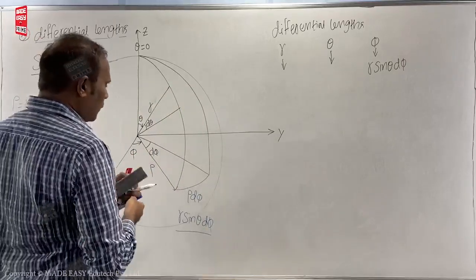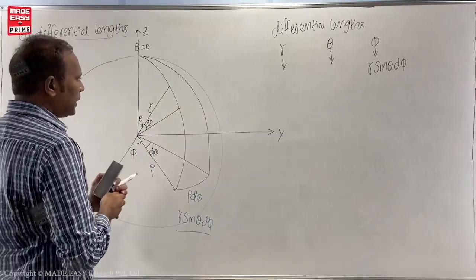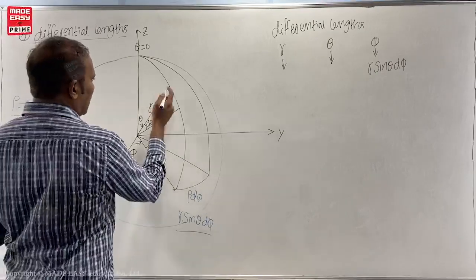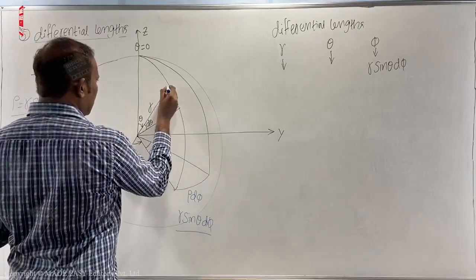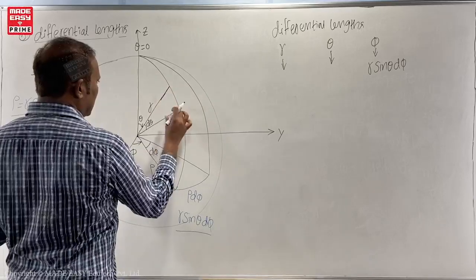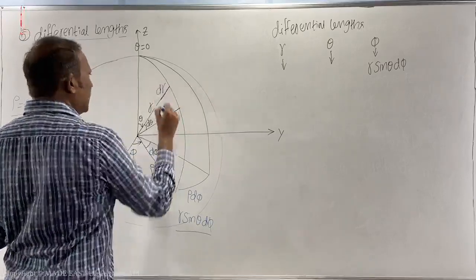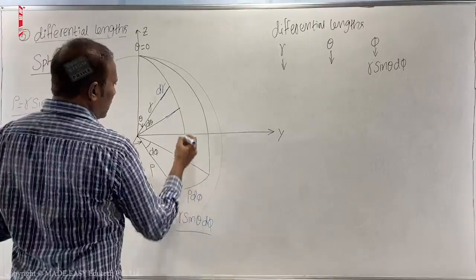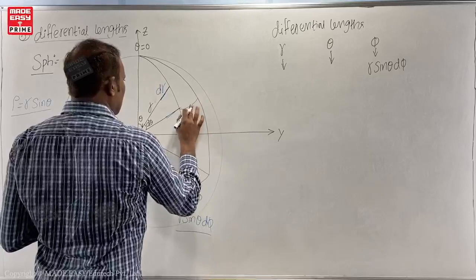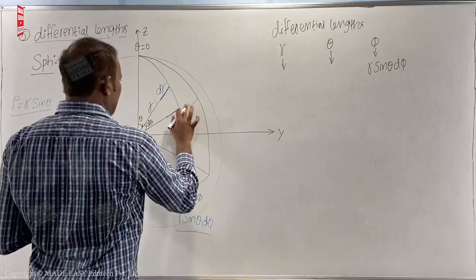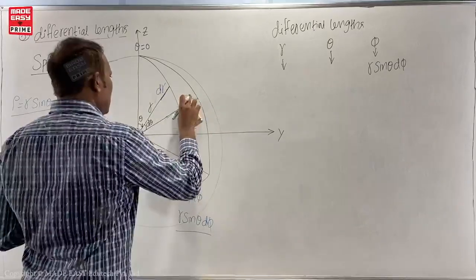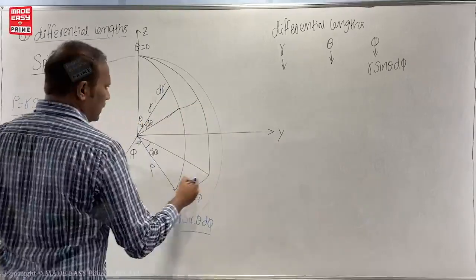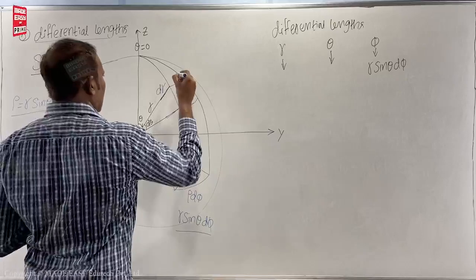Now in this r, I am taking a very small length like this, that is dr. Now you draw this line like this, dear students, almost a circular line.